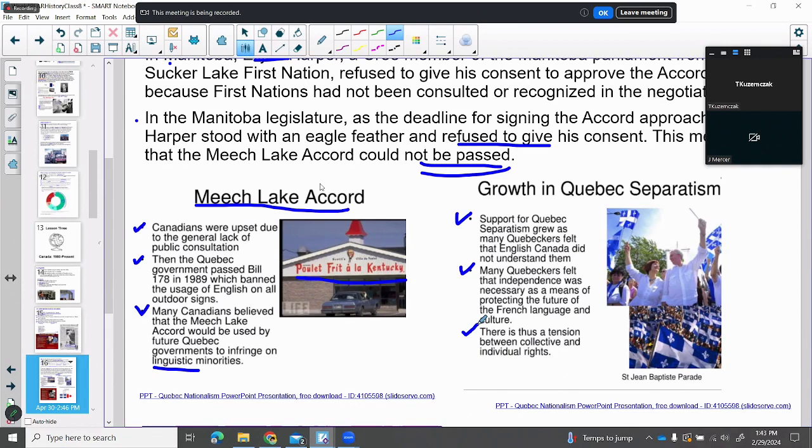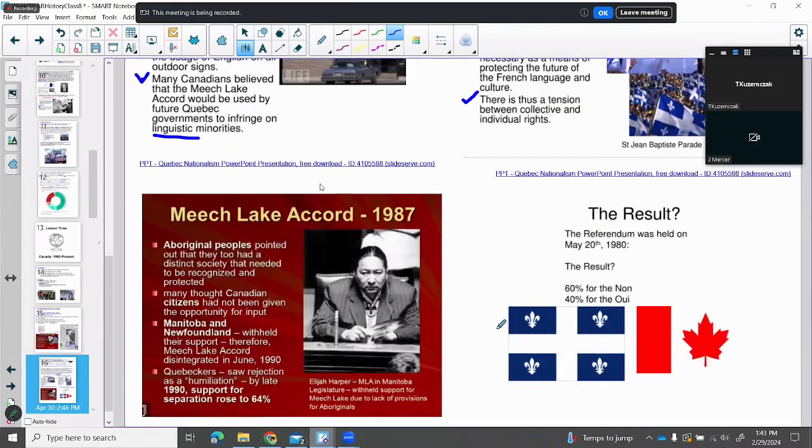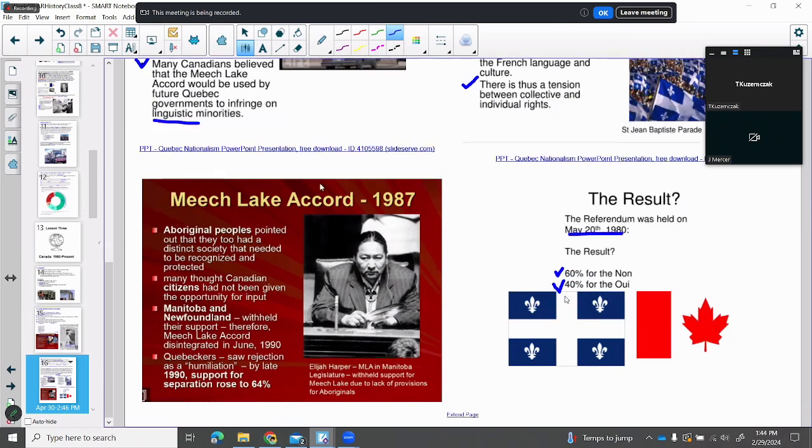As a result, it created tension between collective and individual rights. There was a referendum held on March 20th, 1980. So the result: 60% still voted no to the separation, and 40% said yes.